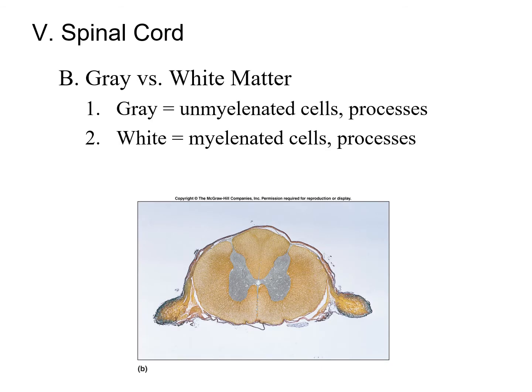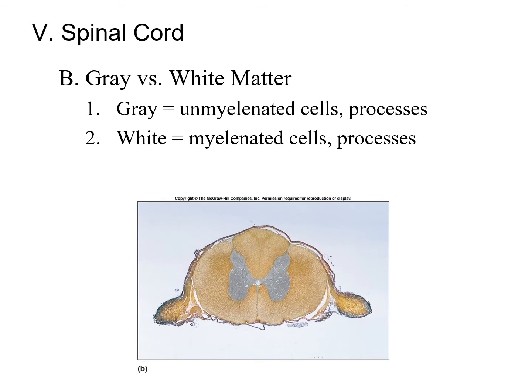Within the CNS, we have gray matter and white matter. Gray matter would be the neurons and their processes, principally axons, that are not myelinated. The white matter would be myelinated axons.